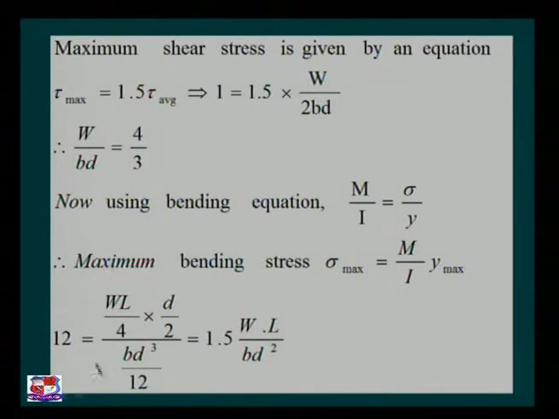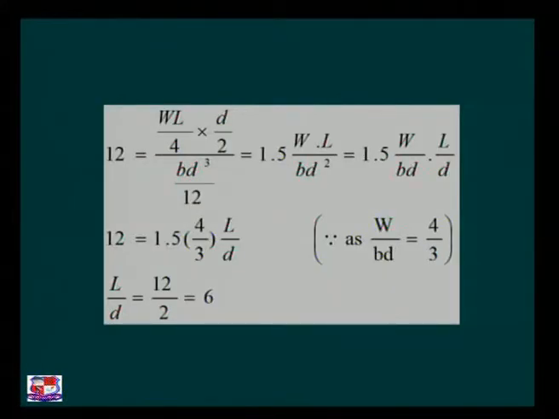By simplifying this, 12 is equal to 1.5 W into L divided by BD square. Now we have 12 is equal to 1.5 WL by BD square. If we simplify once again, 1.5 into W by BD into L by D.